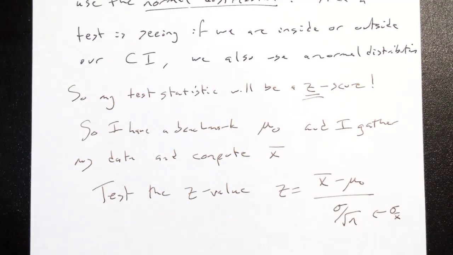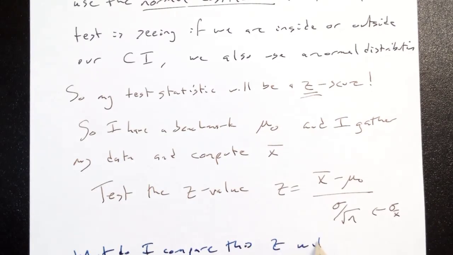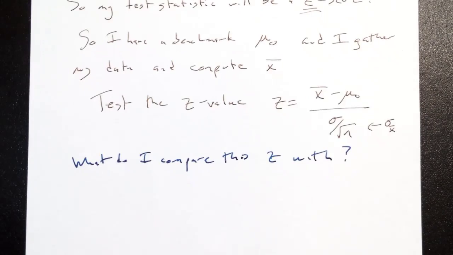For my confidence interval, I had to multiply that by the width of my interval. The width of my interval depended on my confidence level. So in order to figure out what to compare this z with, that's my critical value.